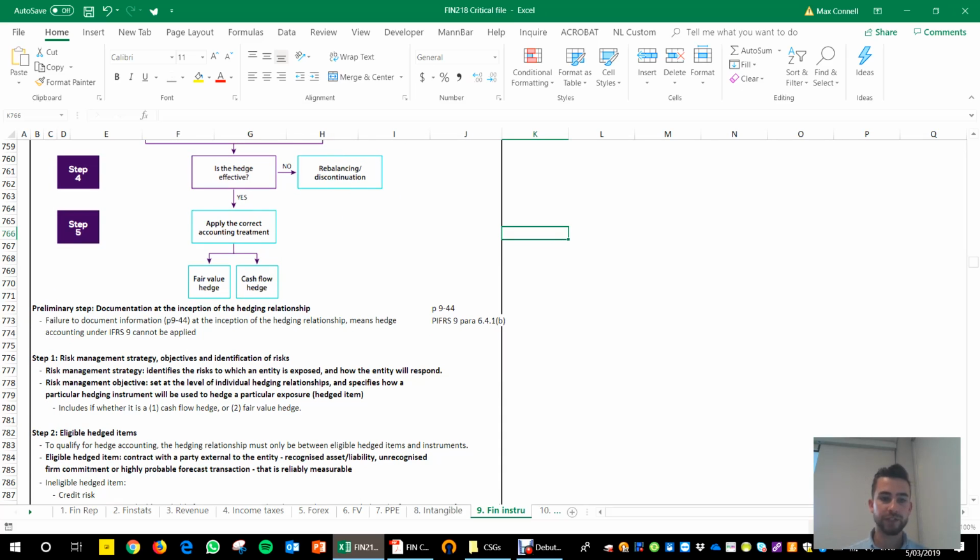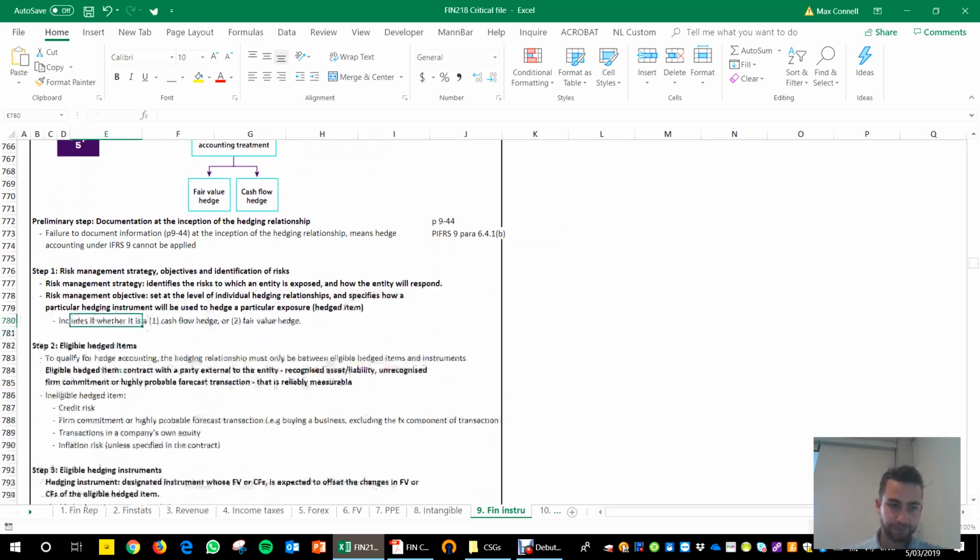For example, in the previous example, we have an accounts payable amount. We want to restrict our exposure to exchange rate fluctuations in future, therefore increasing our profitability. You need to be able to document this. It also includes, you have to identify whether it's a cash flow hedge or a fair value hedge. So we identified previously that it's a fair value hedge.